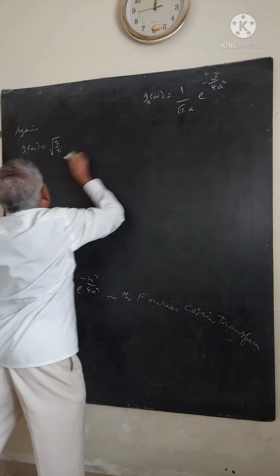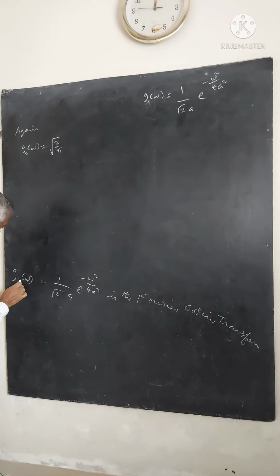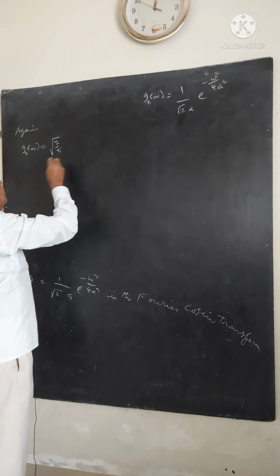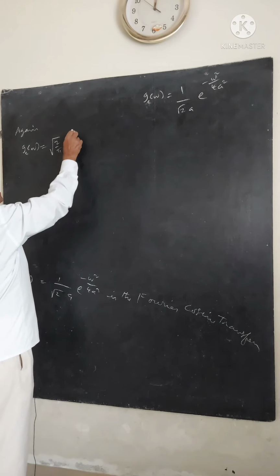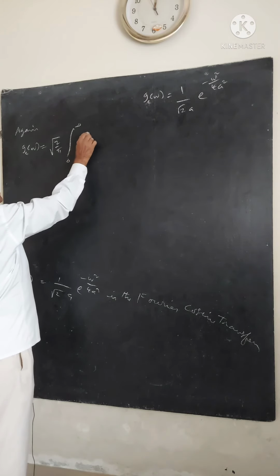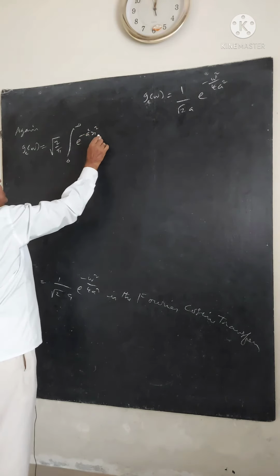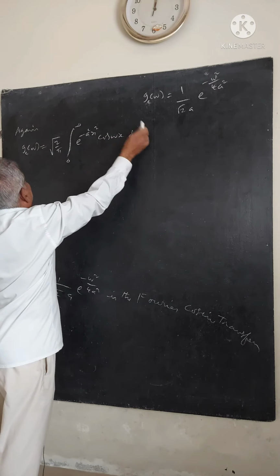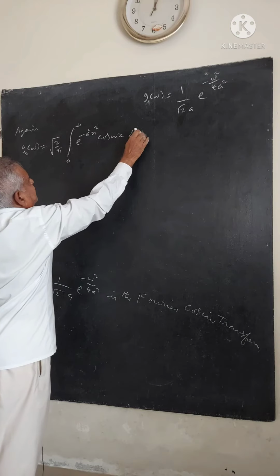Let us see also: root of 2 by pi, 0 to infinity e power minus a square x square cos omega x dx.